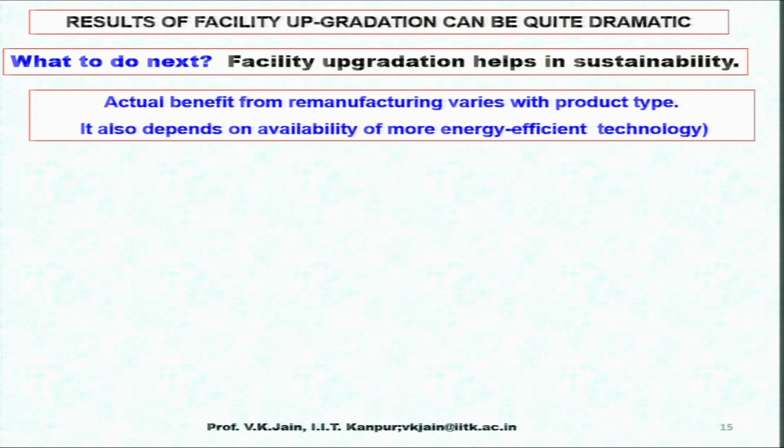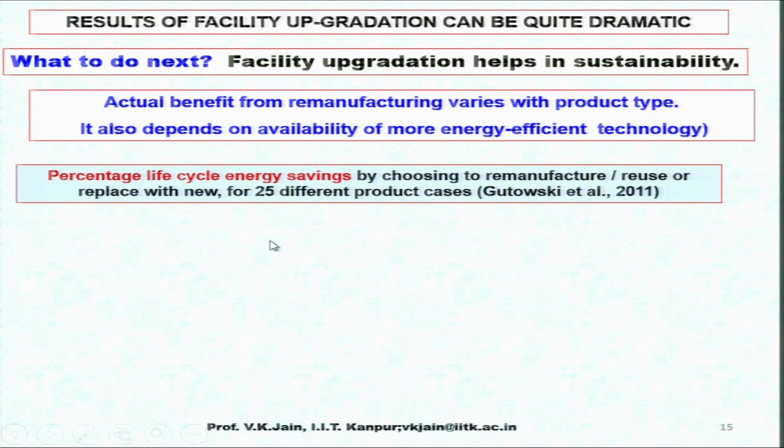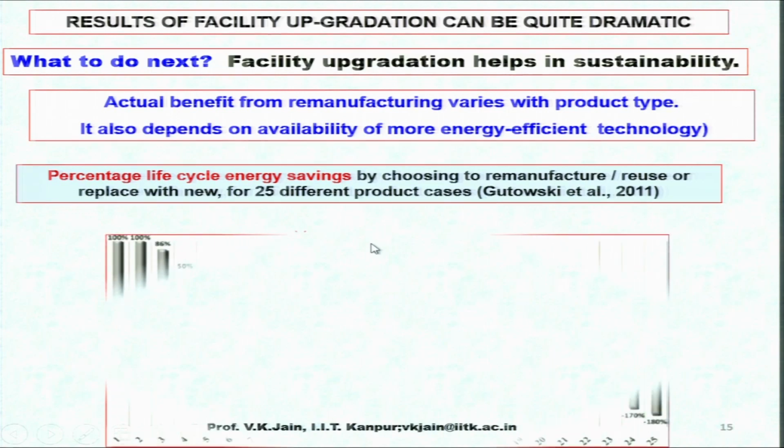If they are more energy efficient, their cost will be less, and the life cycle also may be higher if you do proper research. Percentage life cycle energy savings by choosing to remanufacture, reuse or replace with new for 25 different product cases. This research was done by this gentleman.